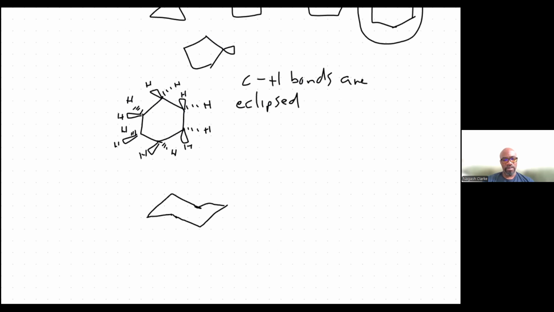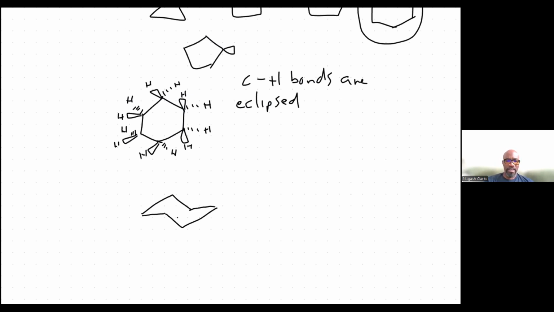I don't like how that last one looks, so now I have to do my whole thing over. Okay, so one line like that, or two lines right there, and then just connect. Now we have a good looking chair. See that?